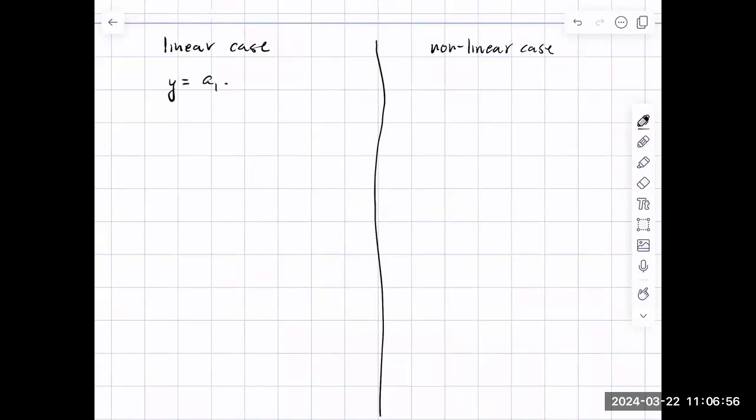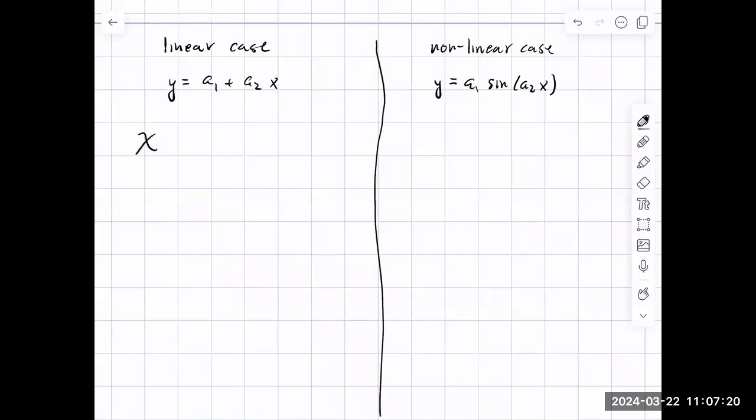For the linear case, we'll just use a simple example: y is a1 plus a2 times x, so just a straight line. And over here, we'll do y is a1 times sine of a2x. In both cases, the objective will be to minimize chi-squared.